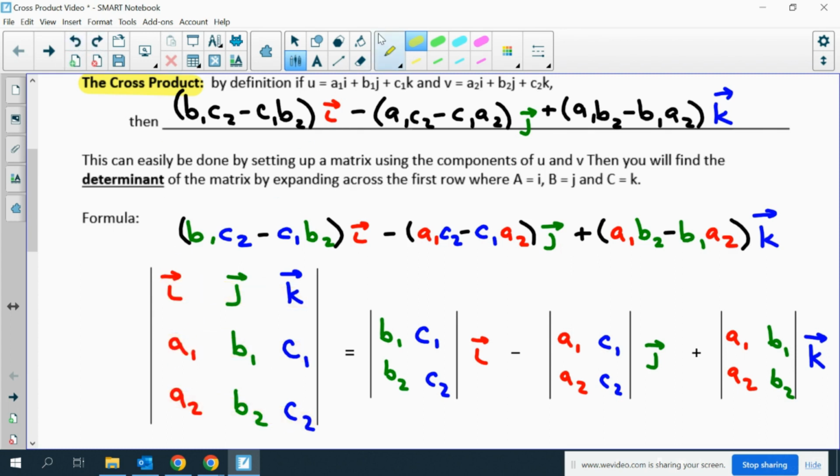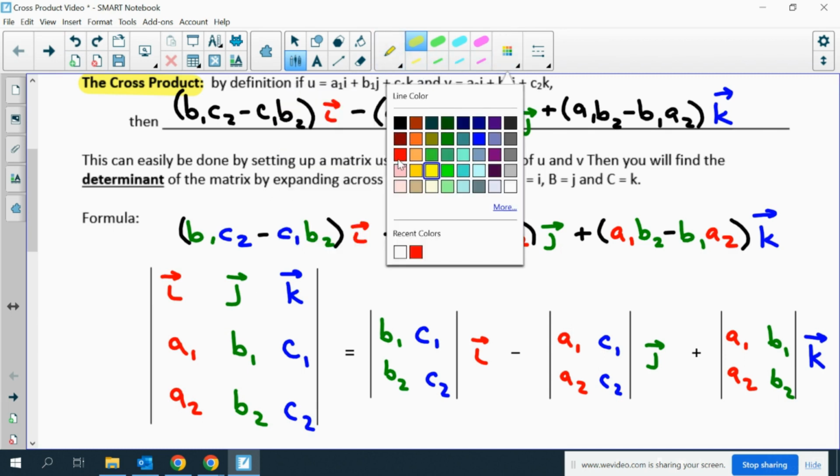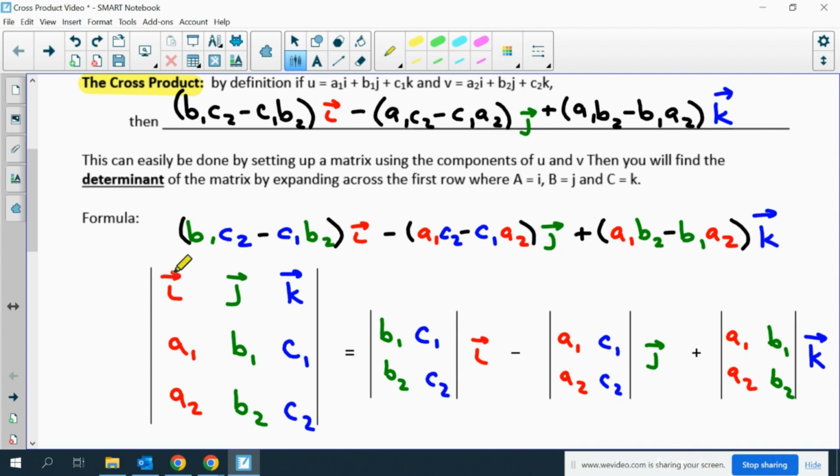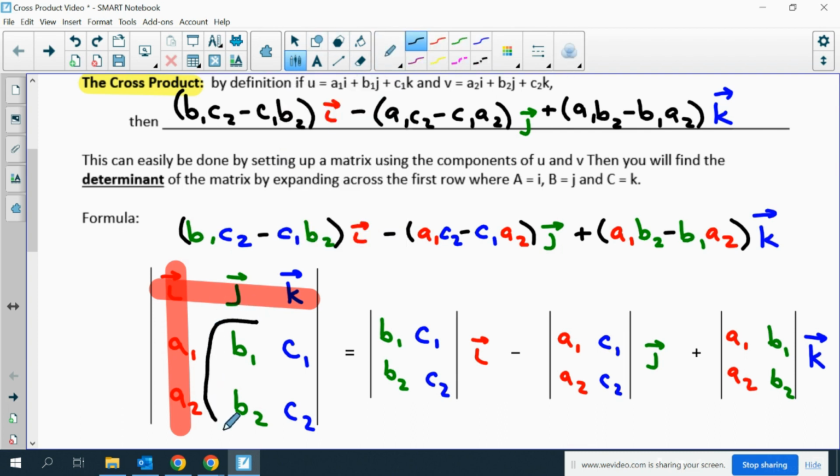So remember that i, j, k are just the x direction, y direction, and z direction. So in order to find the determinant of this, if you want to find the i determinant, you eliminate everything in the same row and column as i, and then you take the determinant of whatever's left. So we find the determinant of this 2x2 matrix, and then multiply it by the vector i.